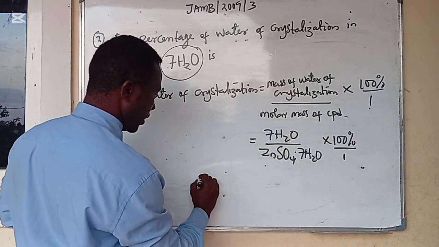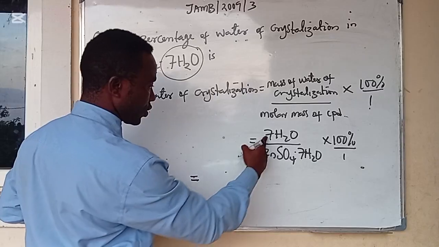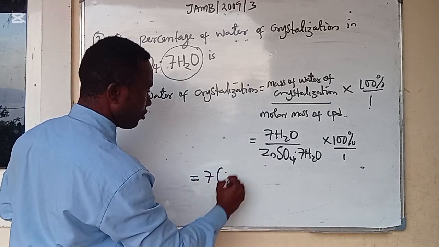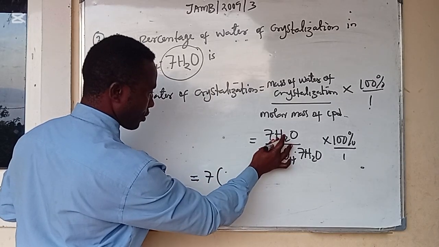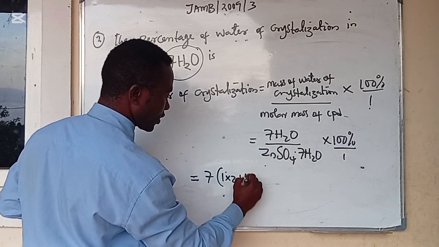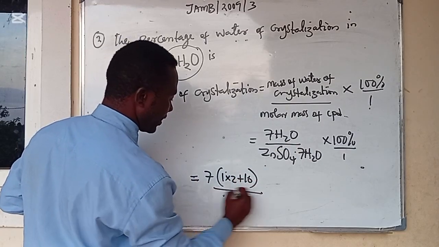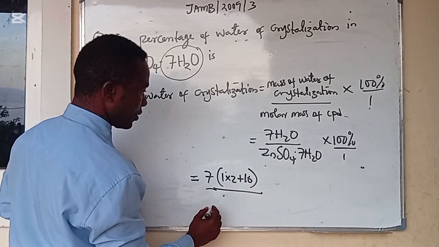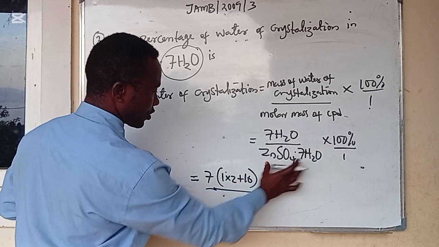So this will be equal to 7 into water. Remember, this is hydrogen, 1 times 2, plus oxygen, 16, divided by the molar mass of this compound.